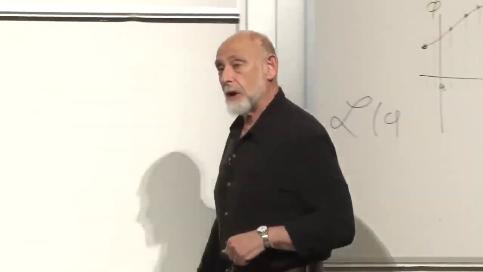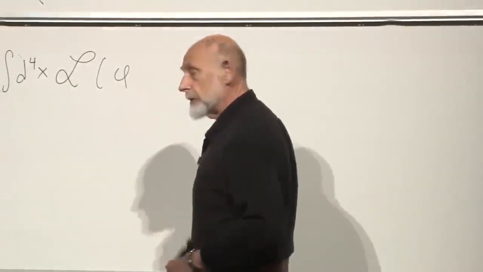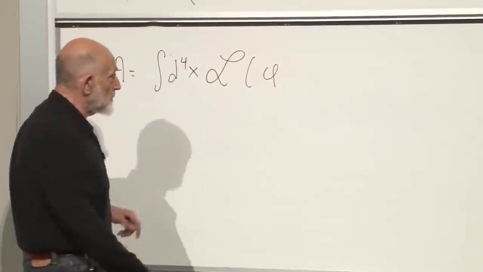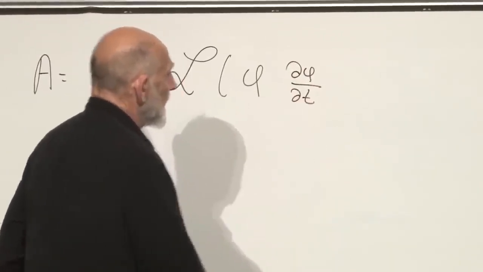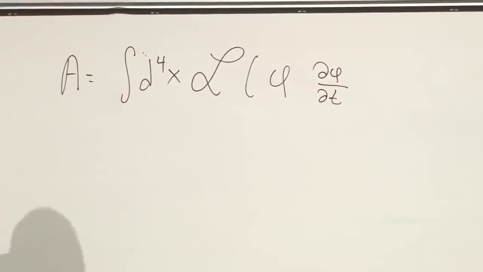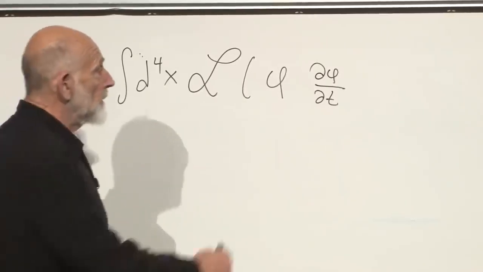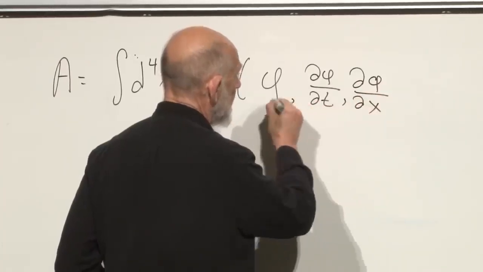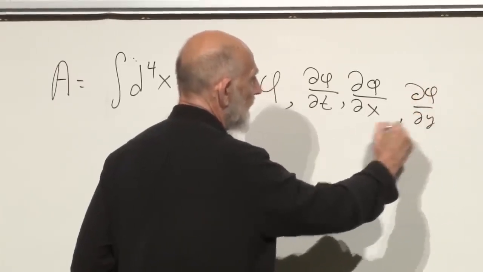If time and space are on the same footing in relativity, we might expect that the Lagrangian depends not only on the time derivative of phi, let's put it in there, d phi by dt. But if it's going to depend on d phi by dt, and we're dealing in a theory of relativity where time and space are on pretty much the same or very closely related footing, we might expect it also depends on the derivatives of phi with respect to x, with respect to y, with respect to z.